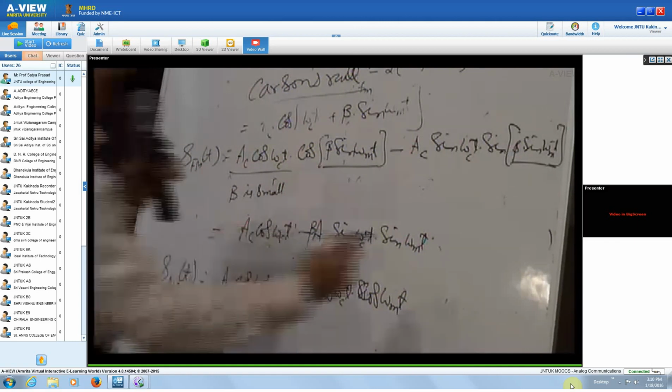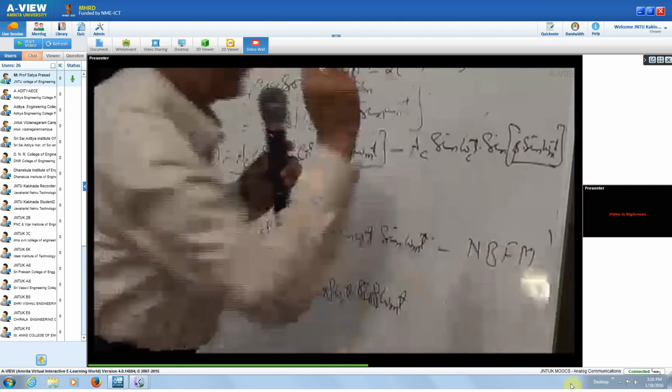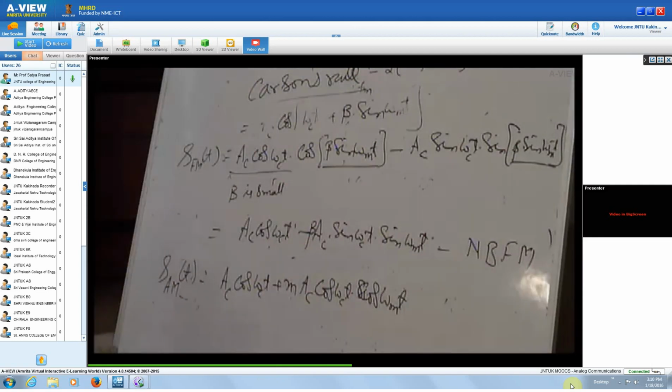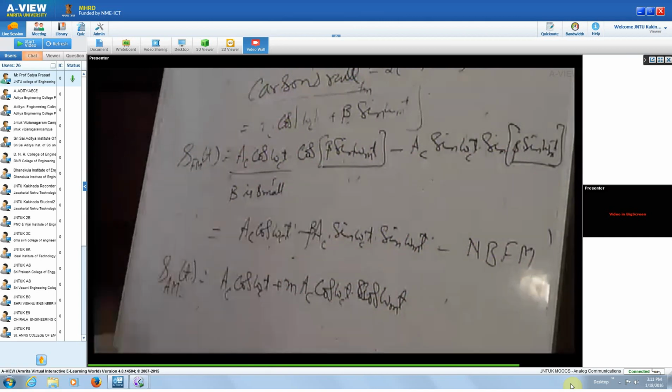That's why we call this a narrow band FM signal.